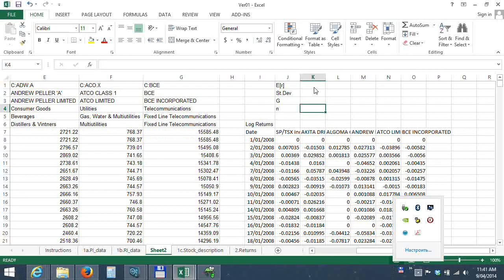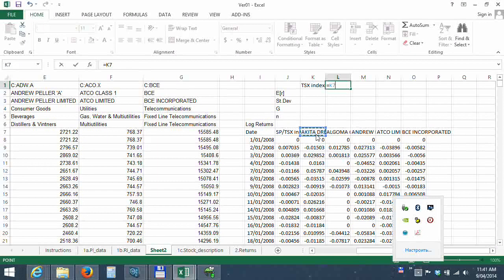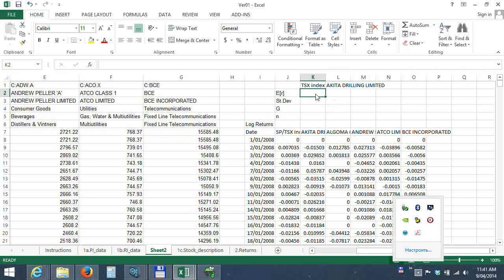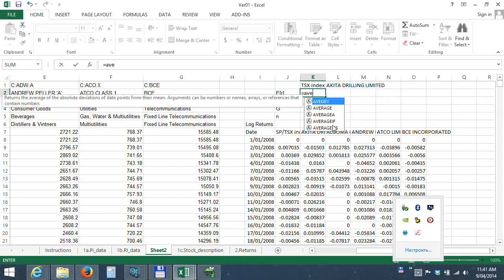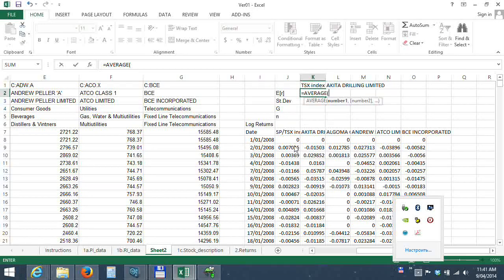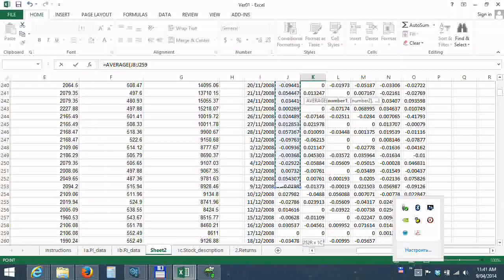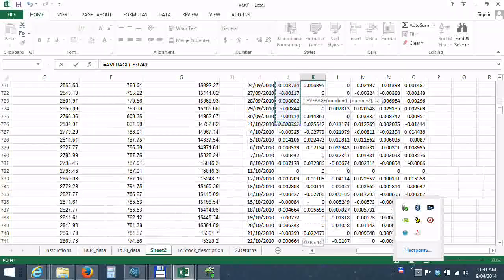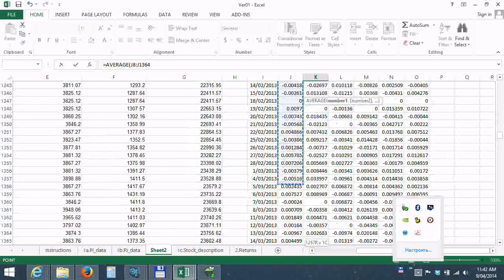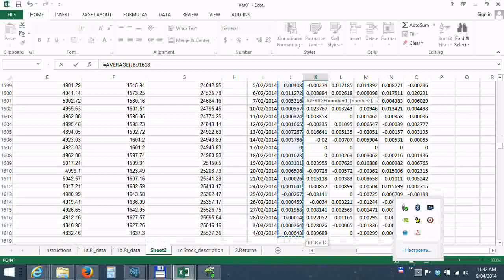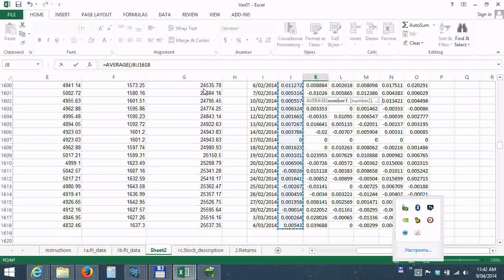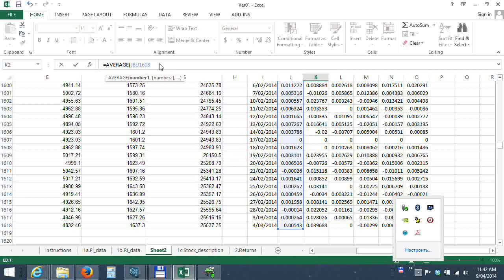Expected returns are quite easy to estimate, so we can do that for the TSX index and for one of the companies. Let's take Akita. You simply can use the average function and select the full range of the returns available for all of the years. That will give you the average daily return for all the years you selected.